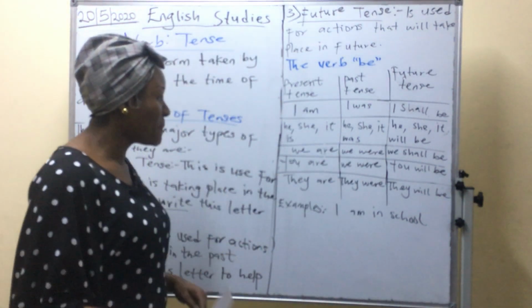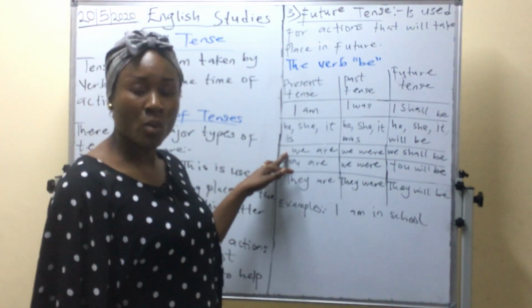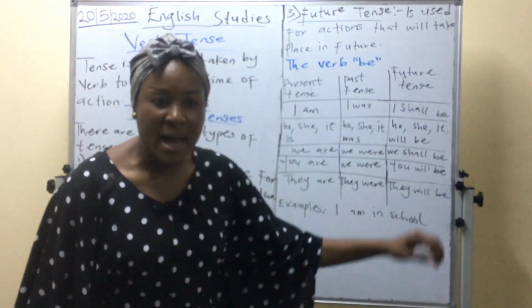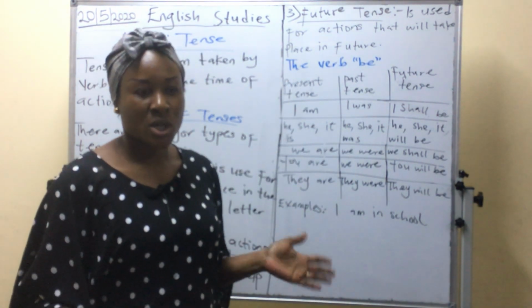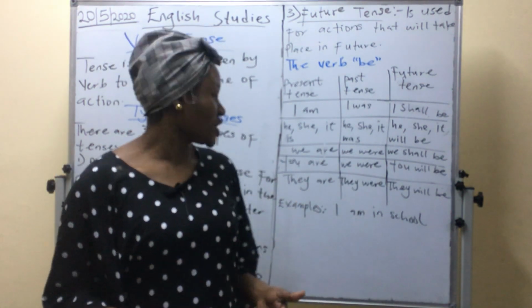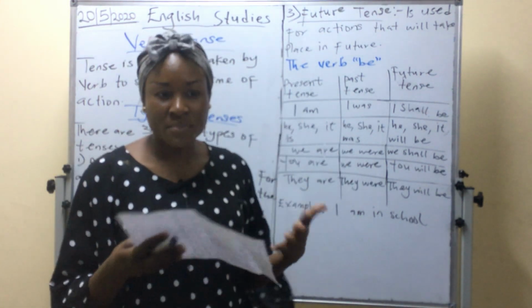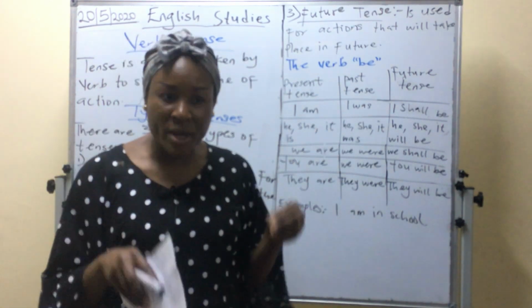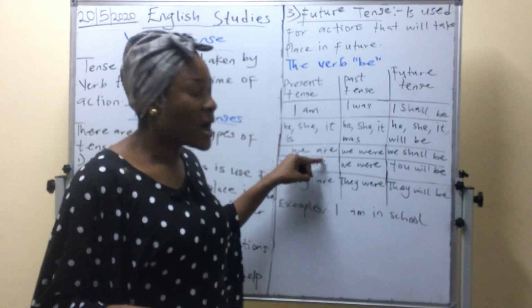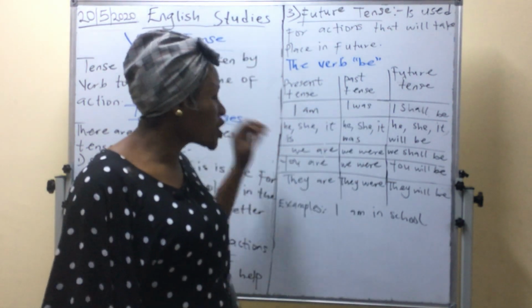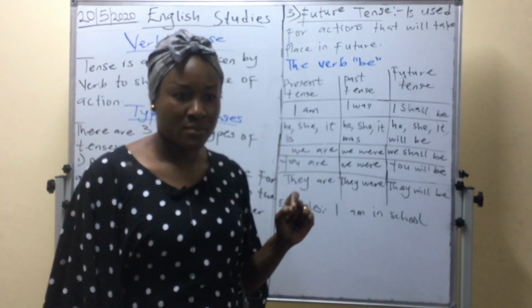Now let's go further. We are students. We are in grade 5. We are going to church. We are going to the market. We are doing cooking competition today. We are. When you are in present tense, we are using are because it's plural.